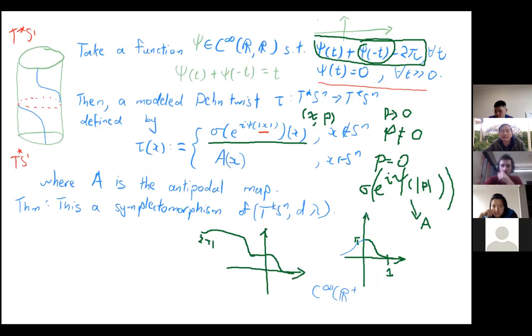So you're saying you just define the function on the positive part? Yeah, just define the function on the positive part. Oh. Is that condition in the literature? Yeah, but sometimes this is redundant, right?